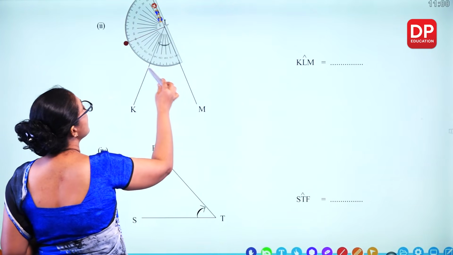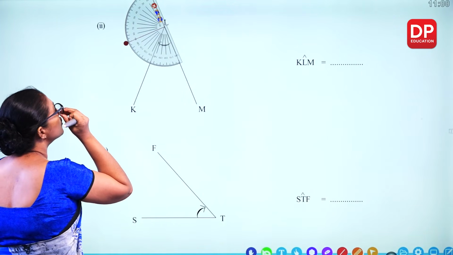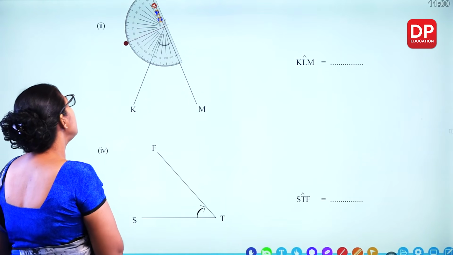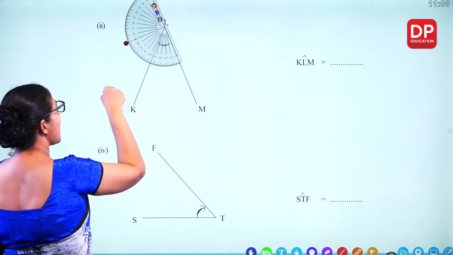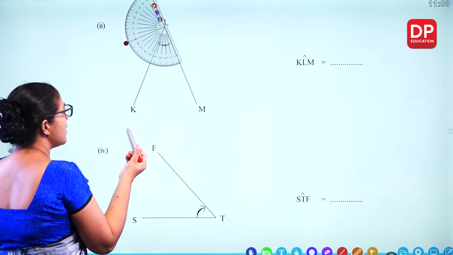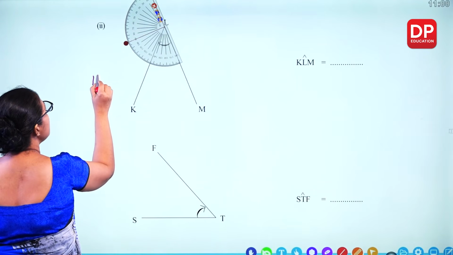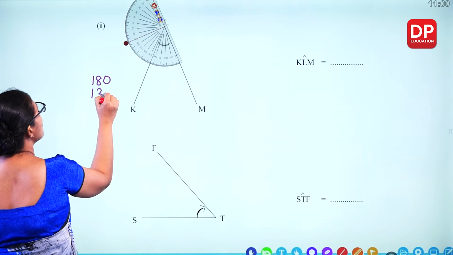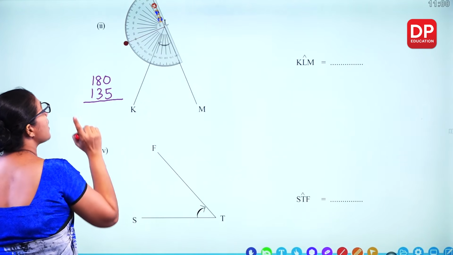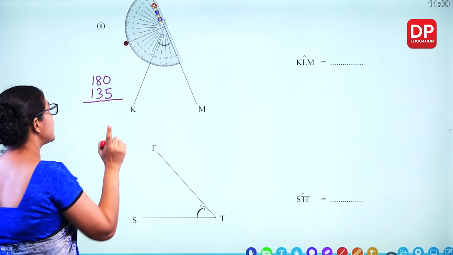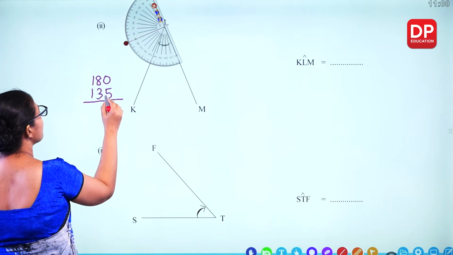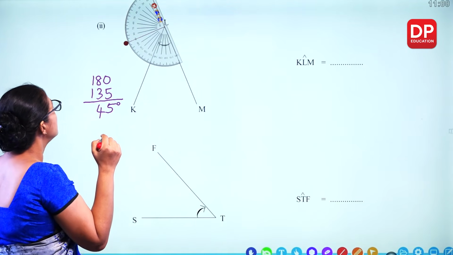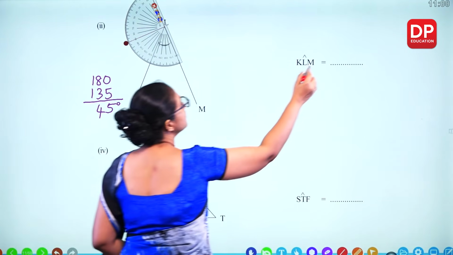This is an acute angle here to here. So my one here, 135 from the other side. So how can I get the value? 180 minus 135. But your protractor you can measure both ways. So 45 degrees.